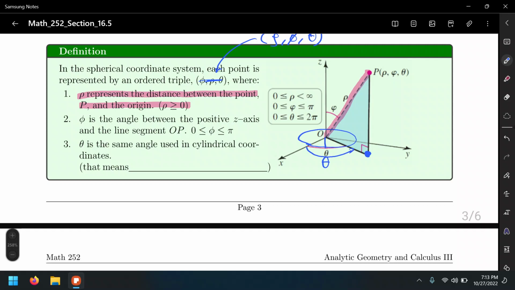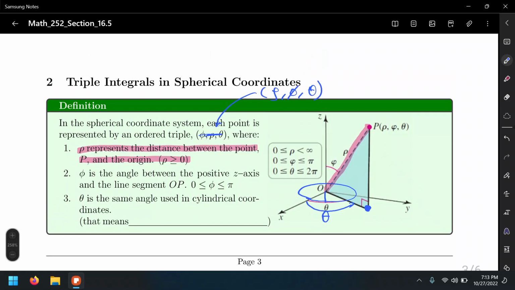Usually the trickiest angle to see when it comes to spherical coordinates is the angle phi. It's the angle formed from the positive z-axis, and it sweeps all this. Its range goes from, for example, say 30 degrees, and when we get to the positive y-axis it's 90 degrees. We keep sweeping until we get to the negative z-axis, and then we have reached 180 degrees. Let me do this by hand real quick, and then I'll show you the animation.